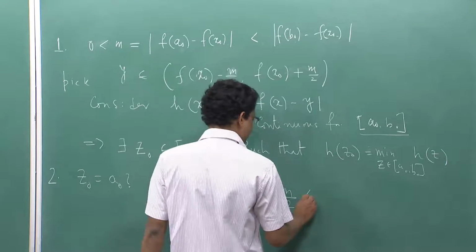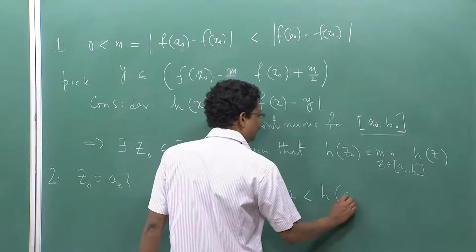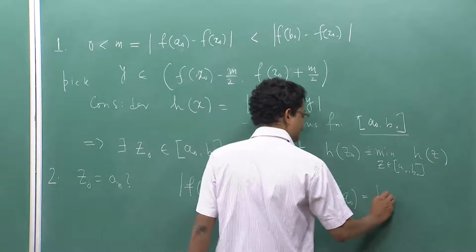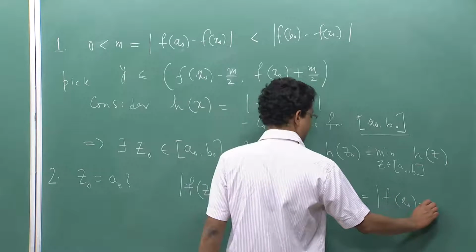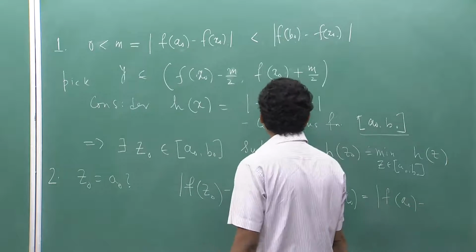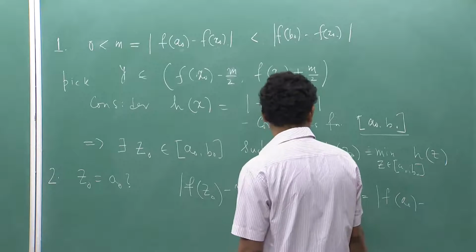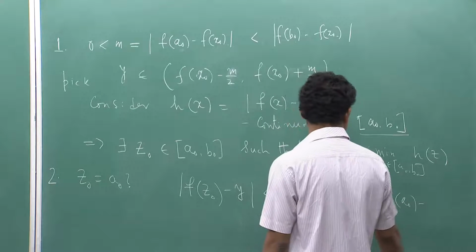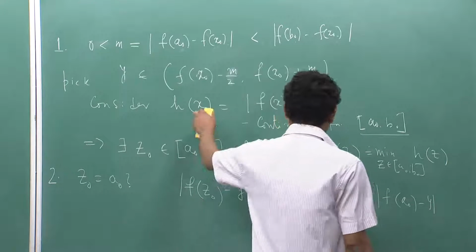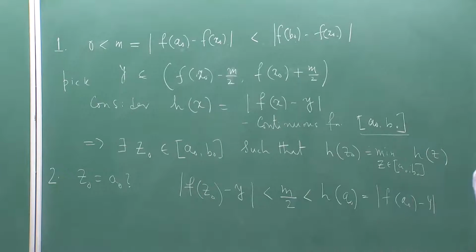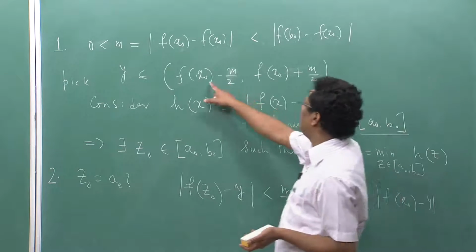Which is strictly less than h of a naught, which is f of a naught minus y, and y is here.